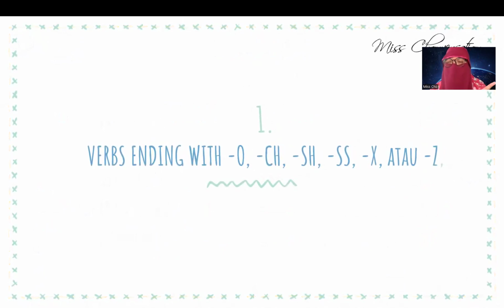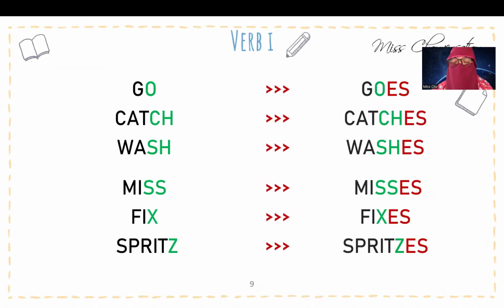And then we have an explanation about verbs ending with O, CH, SH, double S, X, or Z. Go becomes goes, catch becomes catches, wash becomes washes, miss becomes misses, fix becomes fixes, spritz becomes spritzes.